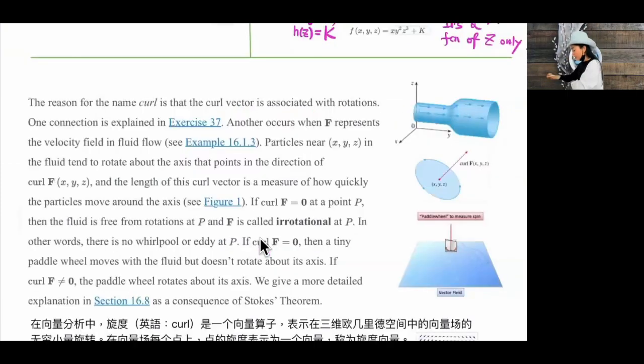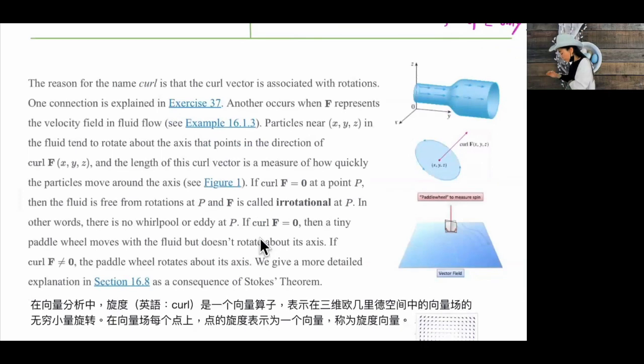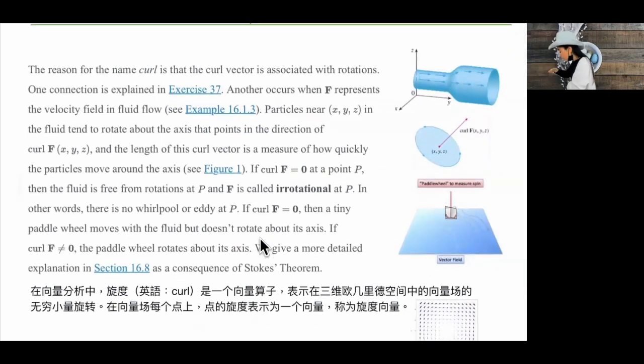The reason for the name curl is that the curl vector is associated with rotations. One connection is explained in Exercise 37. Another occurs when the vector field F represents the velocity field in fluid flow.